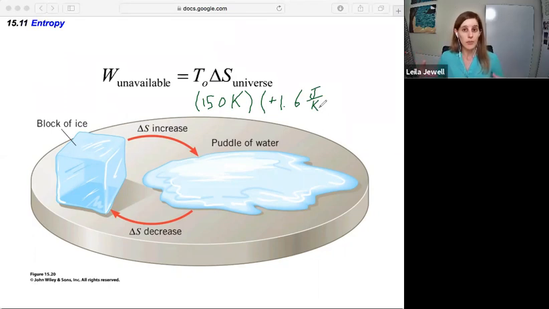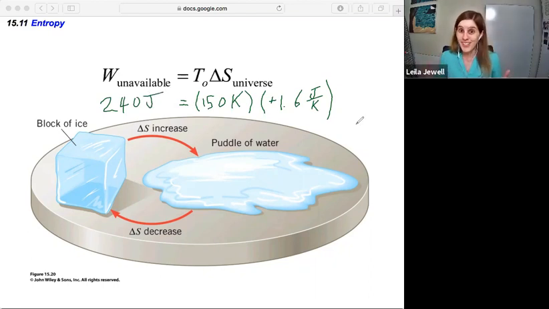It's heat over temperature, so joules per Kelvin. I'm being serious, not JK in here. It's J per K. All right, so if we multiply these two numbers together, guess what we get? 240 joules.